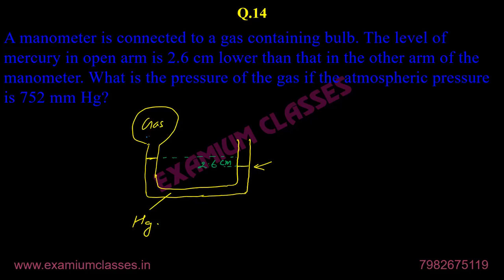So the question is, what is the pressure of the gas if the pressure here is 752 mm of Hg? So with this explanation, you should be able to give me the answer.